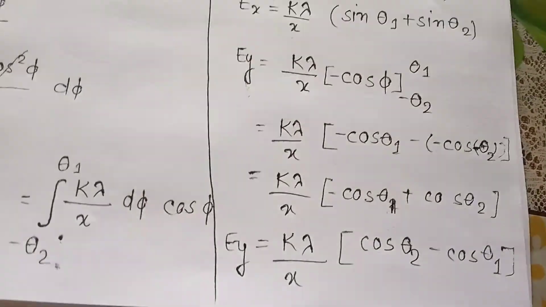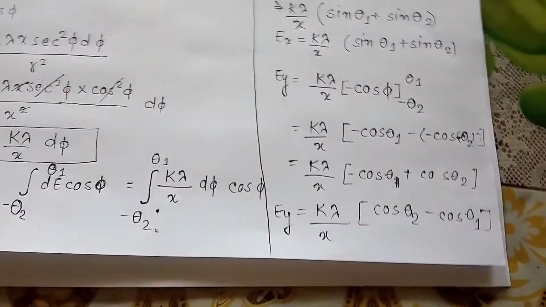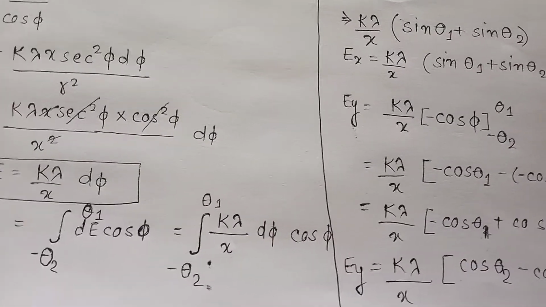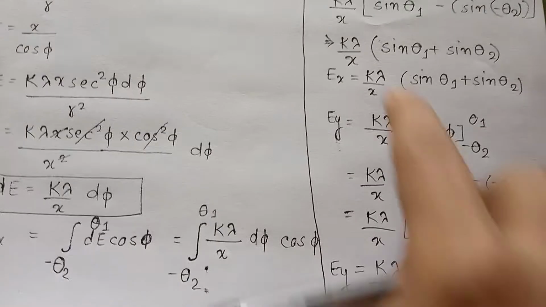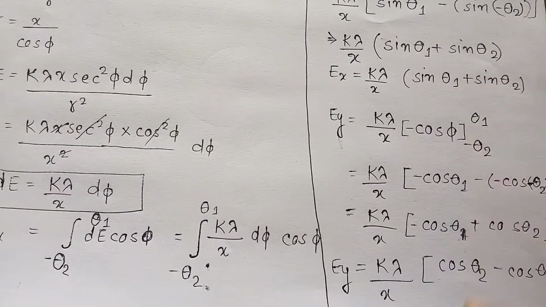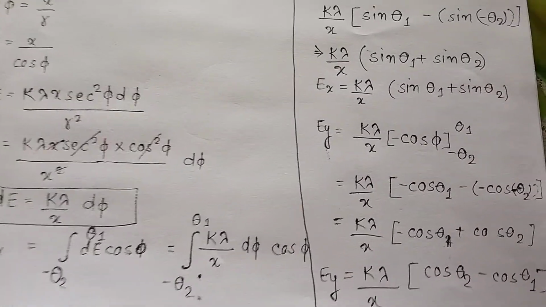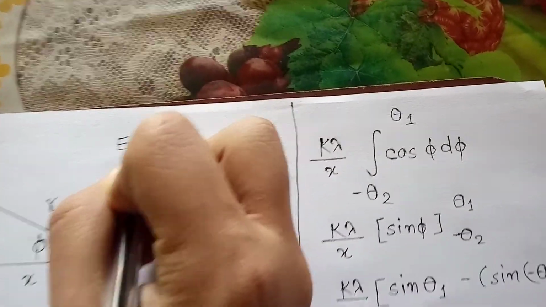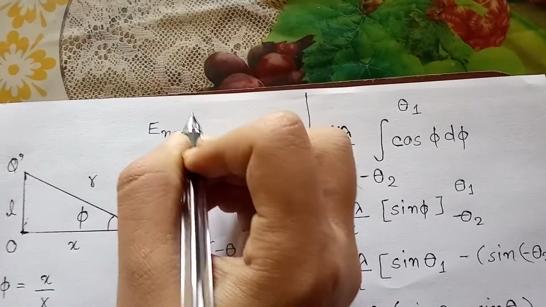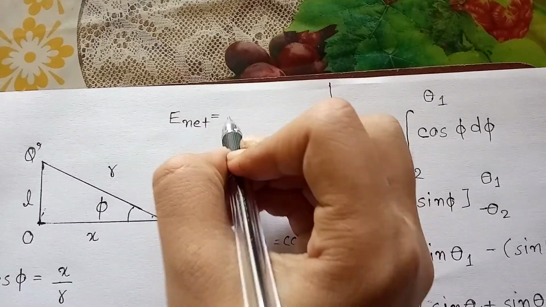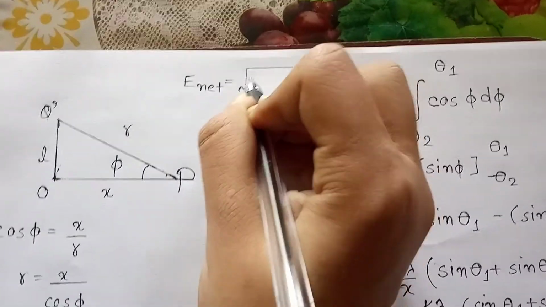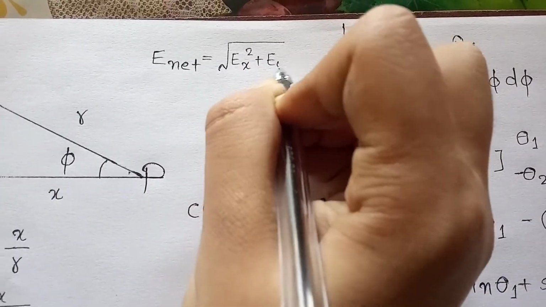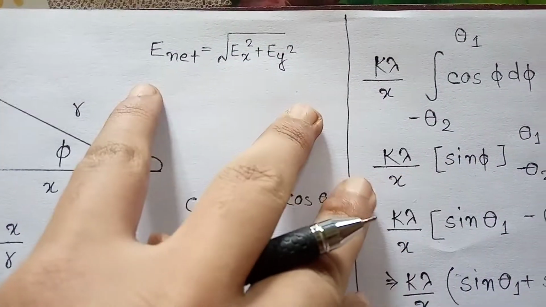When you have the values of phi and x, you can simply put the values in both these equations, and after that you can find the E net, the full electric field, by putting it in this equation.